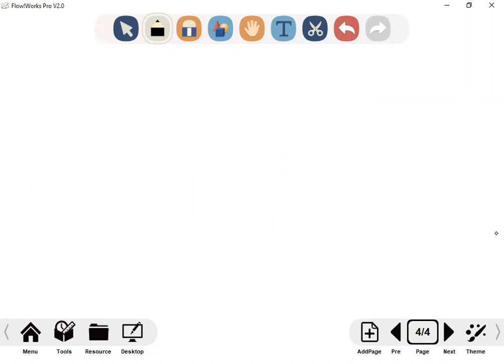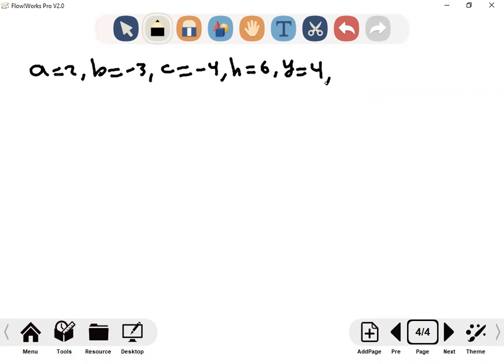Now down we have another part. Given that a is 2, b is negative 3, c is negative 4, x is 6, y is 4, and z is negative 1. Now question 15.